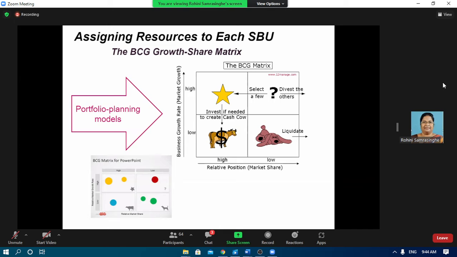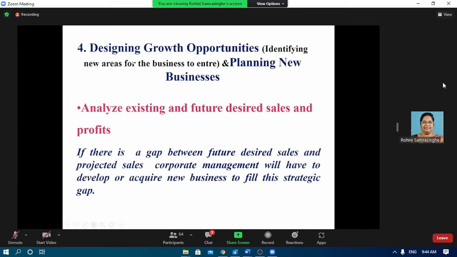Once they decide to drop some weaker businesses, they can identify very profitable new business ventures, new business ideas or opportunities concerning the change in the business environment. That will support them to move into stage 4, the final stage of corporate level strategic planning. Here it will support them to develop a new business plan, or to design a growth strategy.